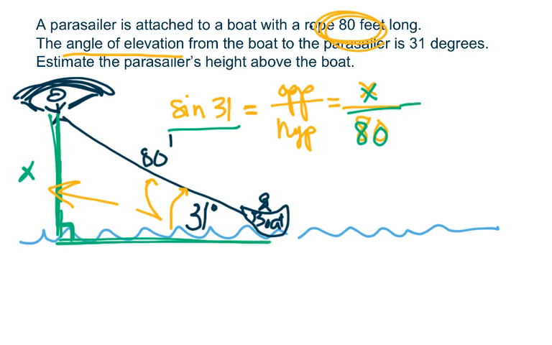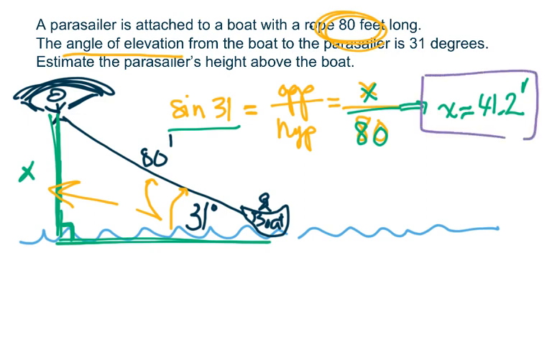In a perfect world, if we round off correctly, we will get approximately 41.2 feet. And that's reasonable. It's about half of the 80-foot line. And so that's how you use it.